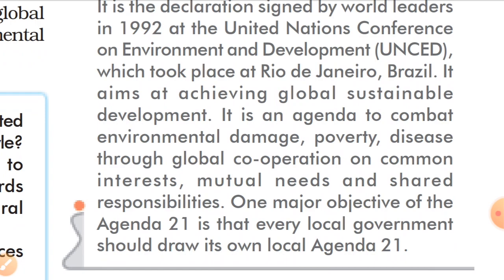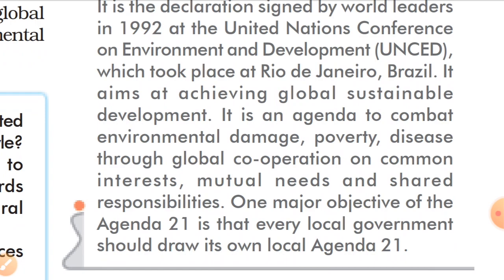It is an agenda to combat environmental damage, poverty, disease through global cooperation on common interests, mutual needs and shared responsibilities. So they thought about environmental damage, how to fight it, how to fight poverty, how to fight diseases. Now you can see this is a pandemic going on this time.